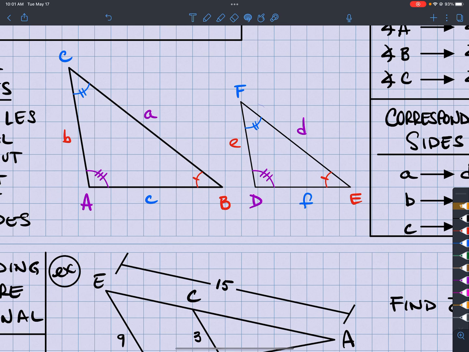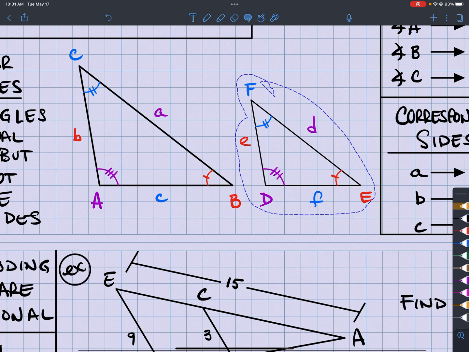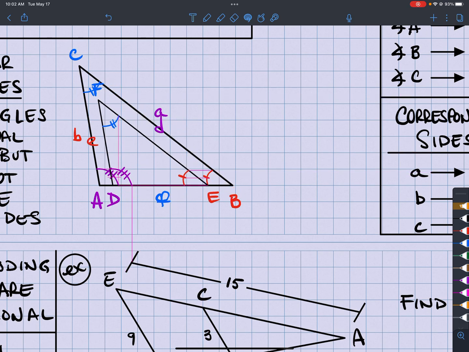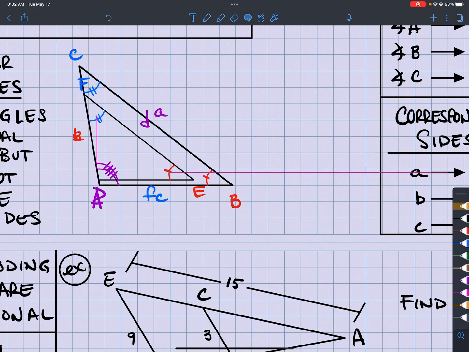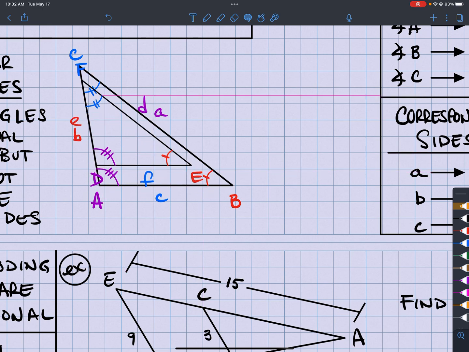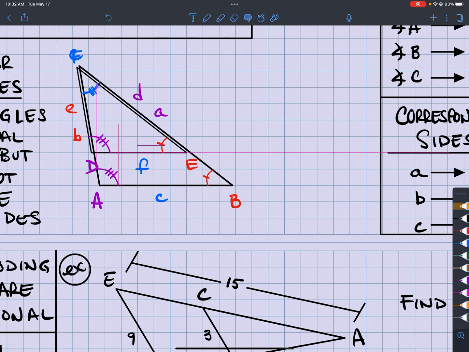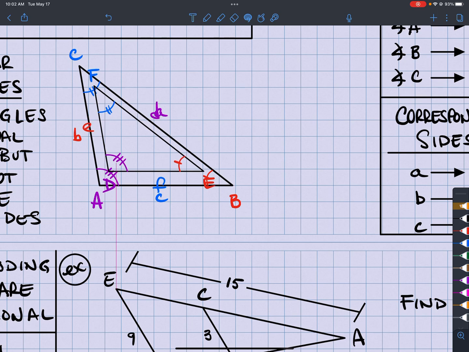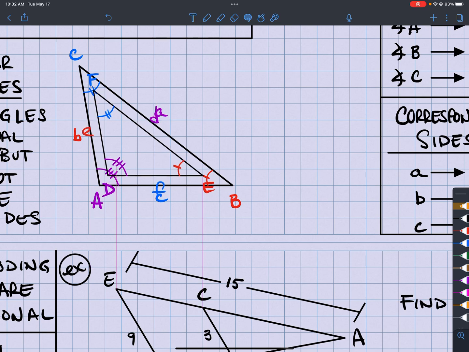If I take this and move it on top of this, you see angle E is on top of angle B, side C is underneath side F, angle D is on top of angle A, side E is with side B, angle F is over angle C, and side D is on top of A. So that's how you see the corresponding angles and also the corresponding sides.